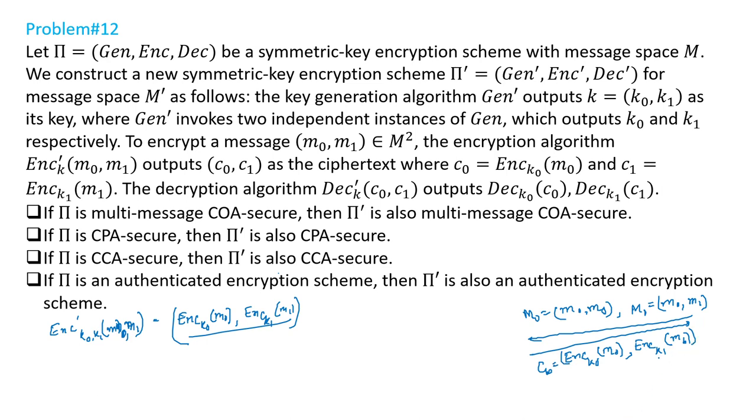Now if you are able to determine the underlying message of this part, then you are done. So what you can do is that the adversary can query. Let me denote this part as c_b1 and this part as c_b2.